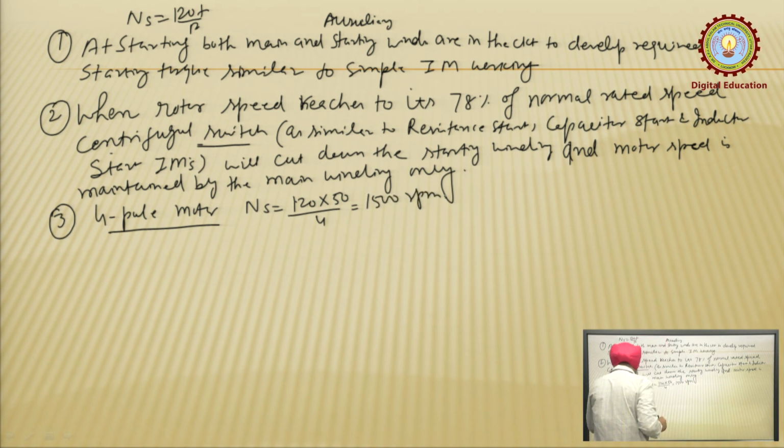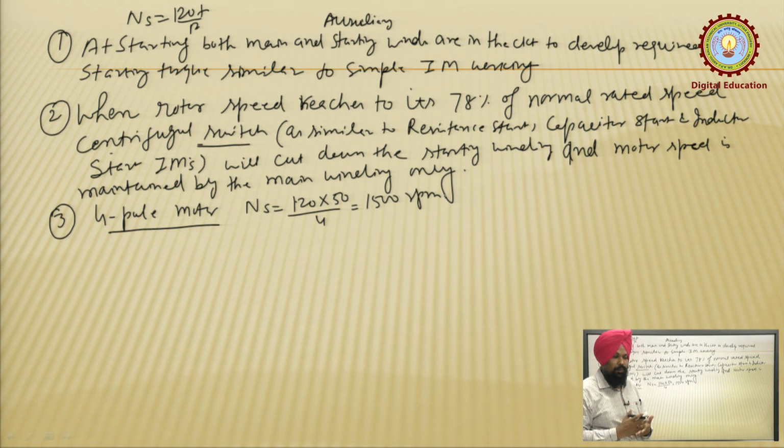See, this reluctance motor will run at this 1500 speed, as compared to other induction motors whose speed under normal running condition is always less than the synchronous speed.